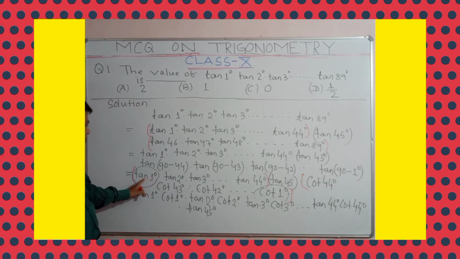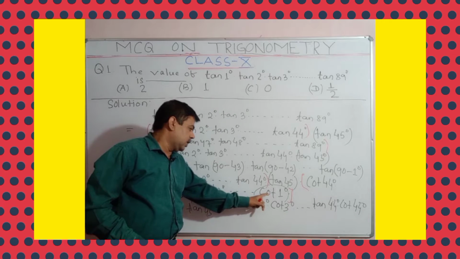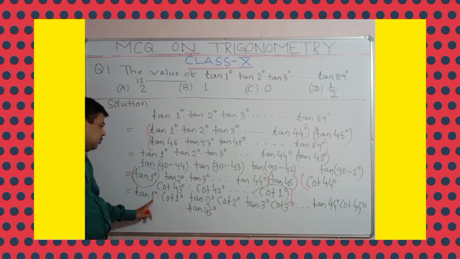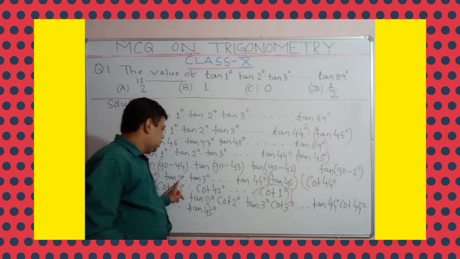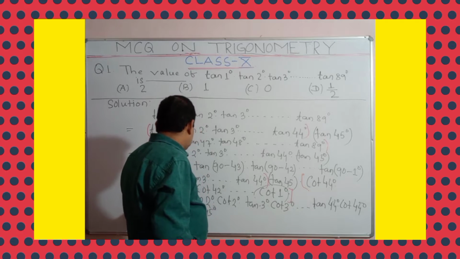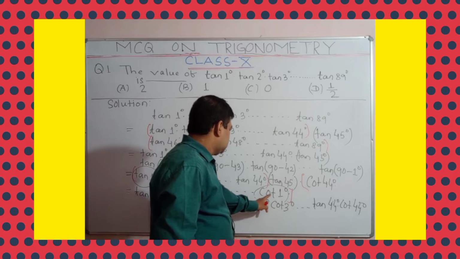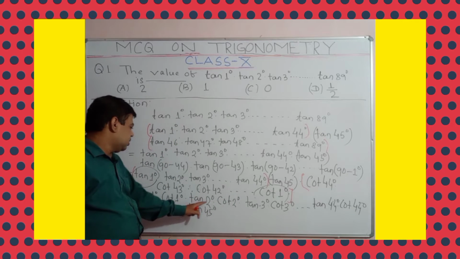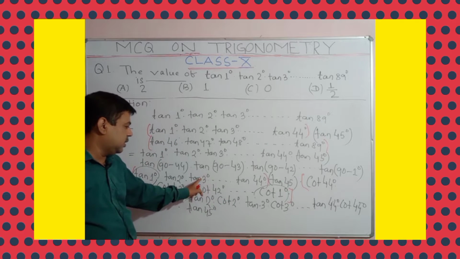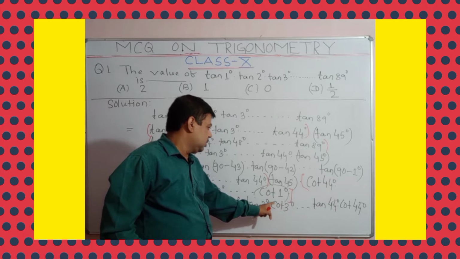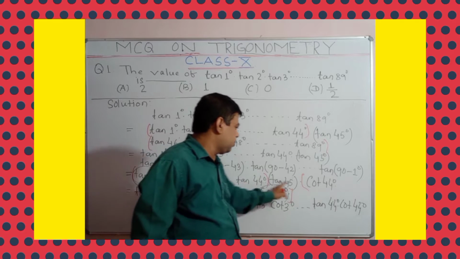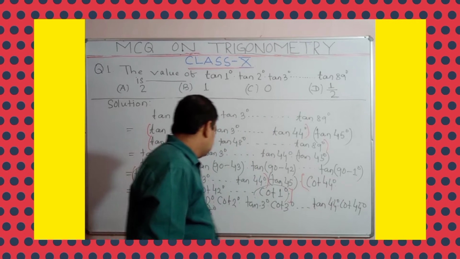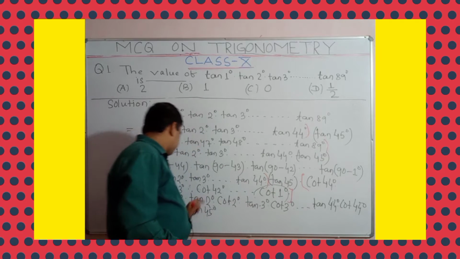You see tan 1 degree, here cot 1 degree. Can you make a group? Tan 2 degree with cot 2 degree. In a similar manner, tan 3 degree with cot 3 degree, and lastly tan 44 degree with cot 44 degree. Then this tan 45 degree, you write down here.